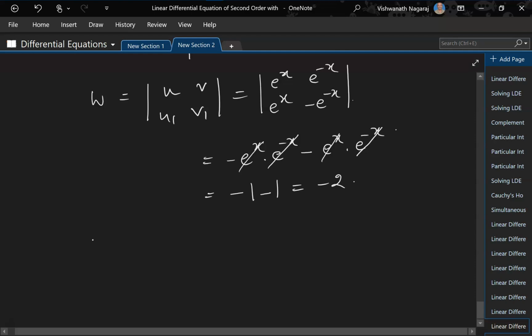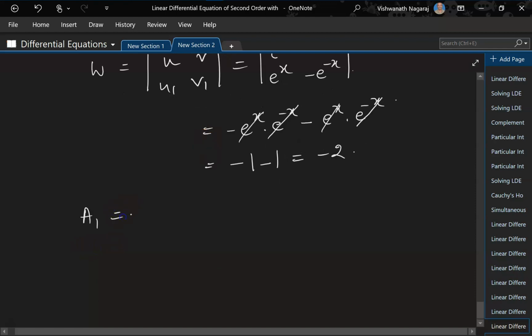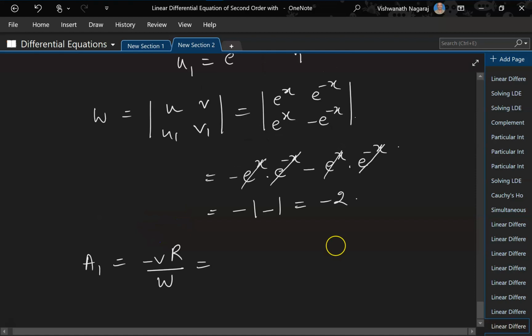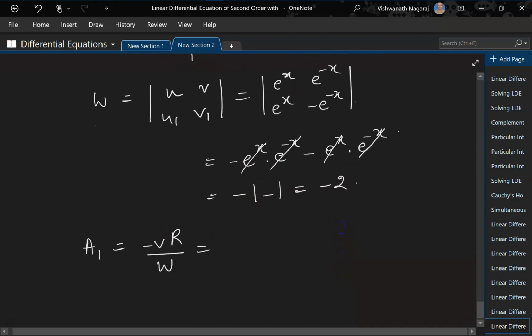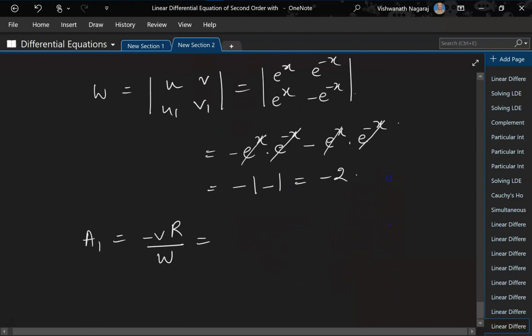Now A1, remember A1 is going to be minus VR by W. Now V is e to the power of minus x, so minus e to the power of minus x times r.